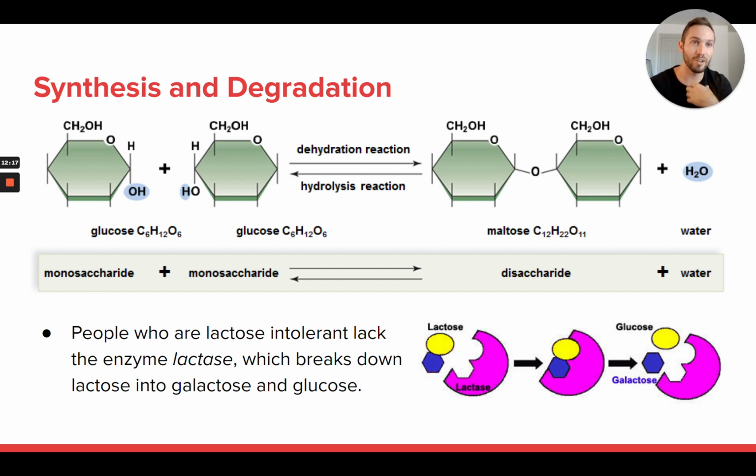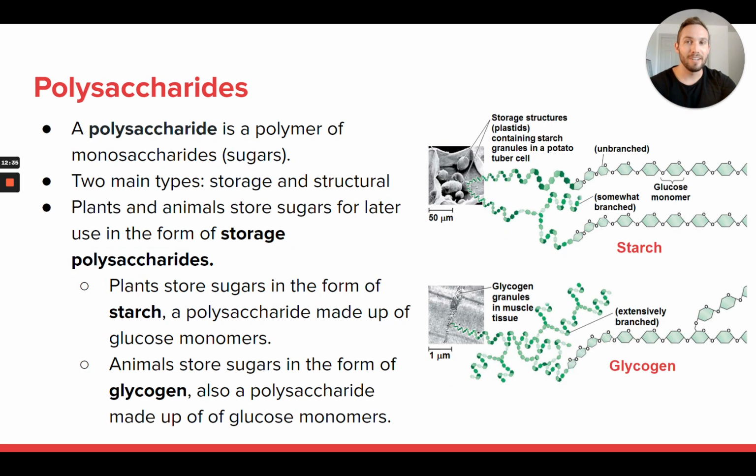There was this mutation that occurred that was super beneficial that allowed them to continue making this enzyme as they got older. And so if you're not lactose intolerant, you're actually the mutant. You have a mutation that allows you to not be lactose intolerant. It's kind of interesting, but we'll talk more about that stuff later this year.